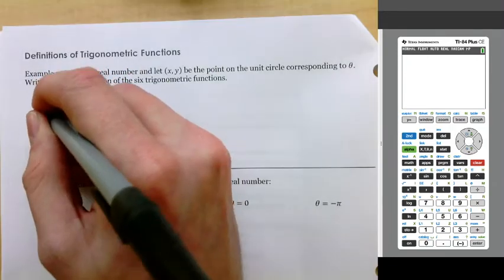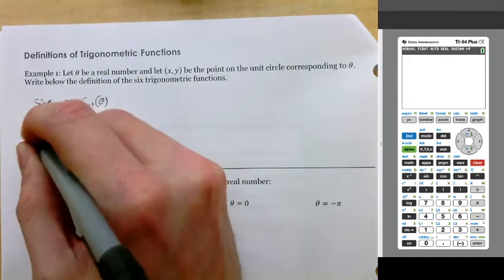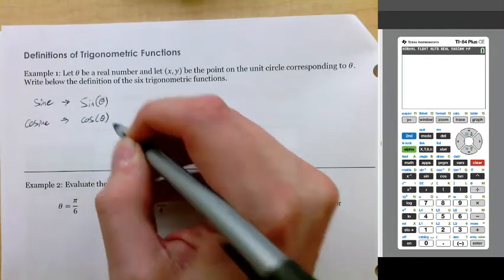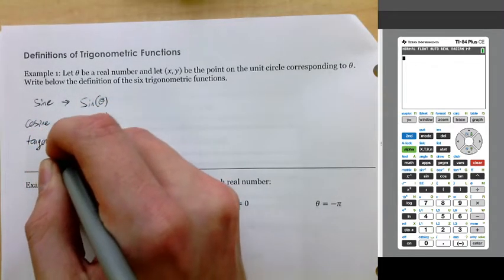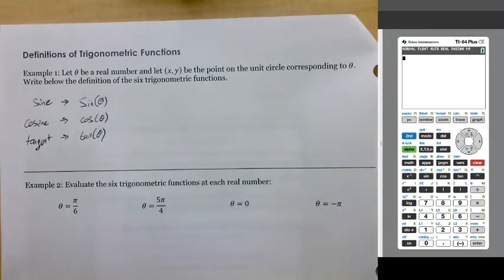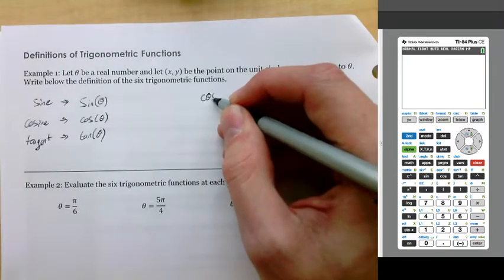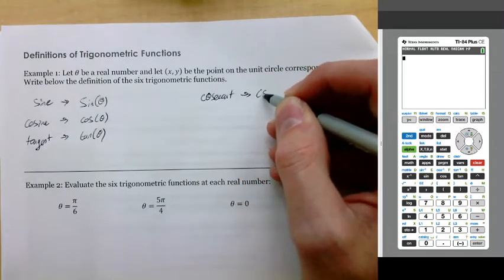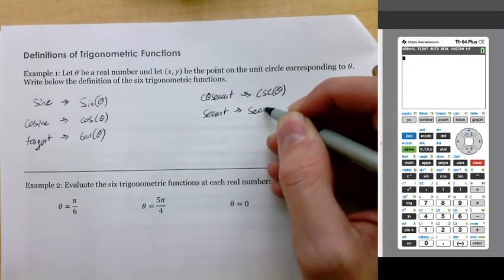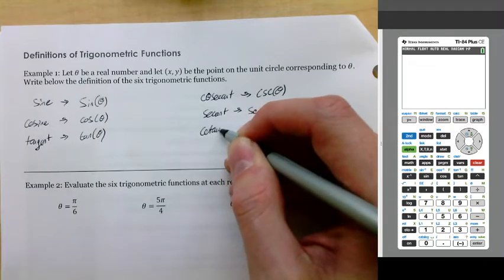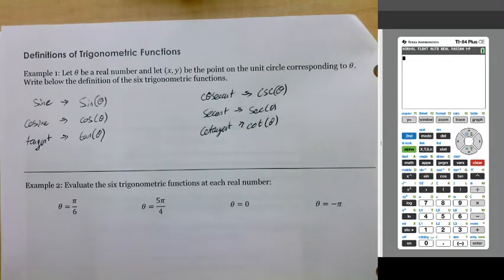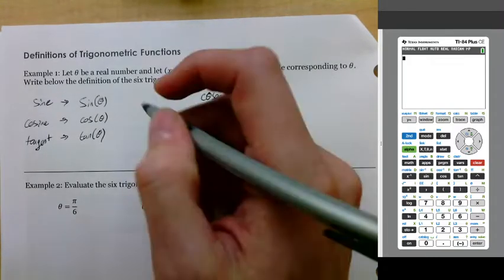Sine is spelled, here I'll spell them out for you, S-I-N-E, cosine, C-O-S-I-N-E, abbreviated C-O-S for cosine, tangent, T-A-N-G-E-N-T, abbreviated T-A-N, and their reciprocals, so cosecant, abbreviated CSC, secant, abbreviated SEC, and cotangent, abbreviated COT.